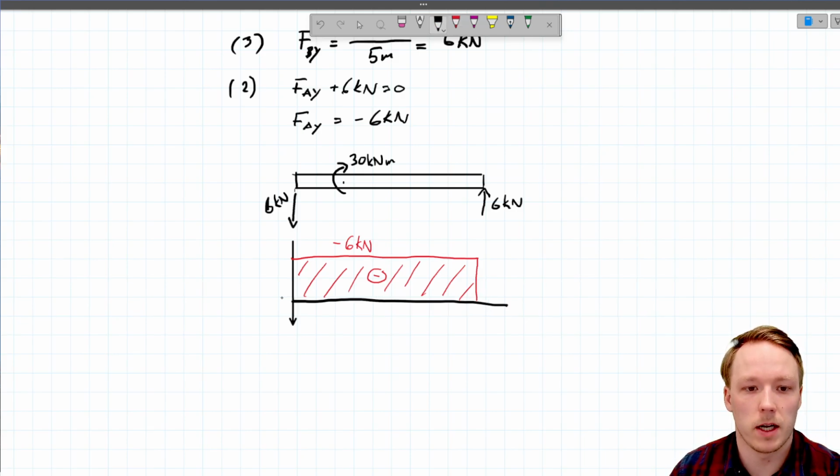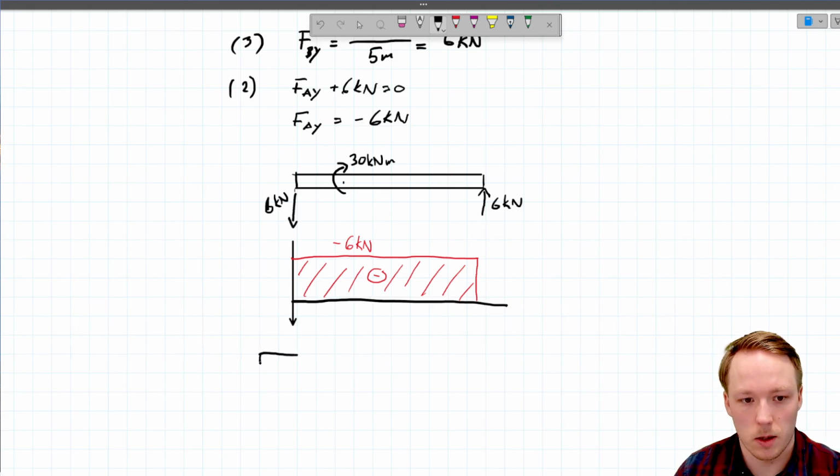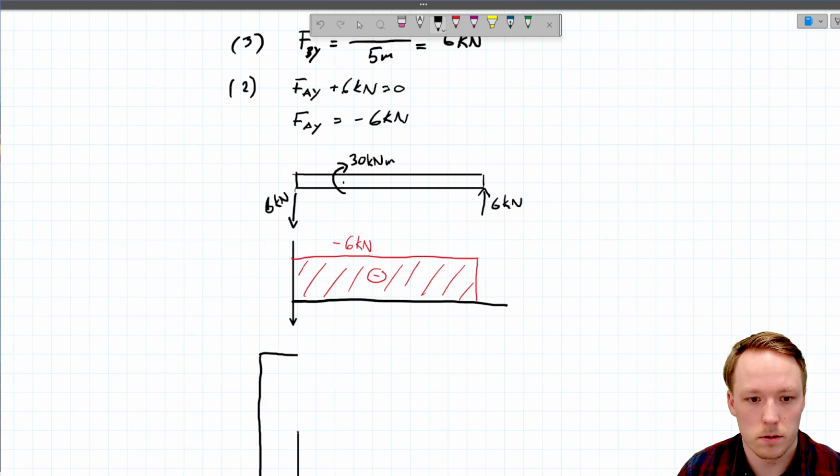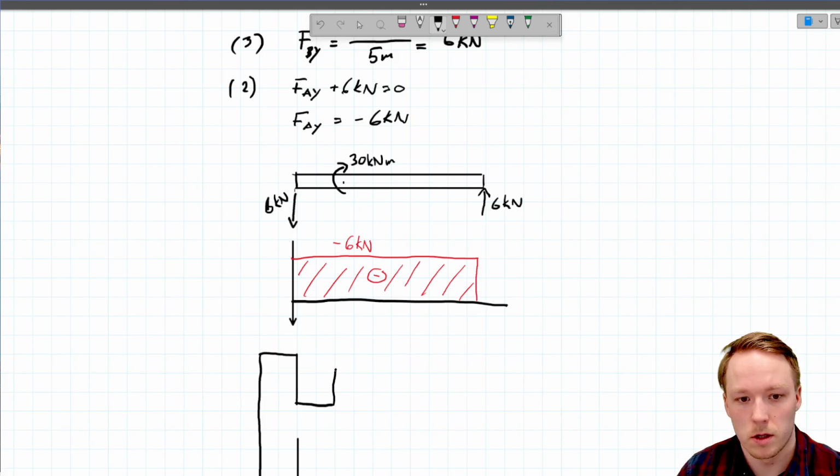Now, once we have done that, we can proceed to the next step, which is calculating the shear at the glue areas. So I will draw here the profile.